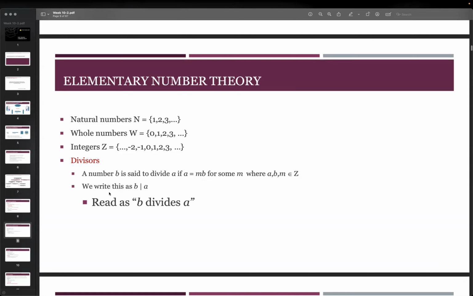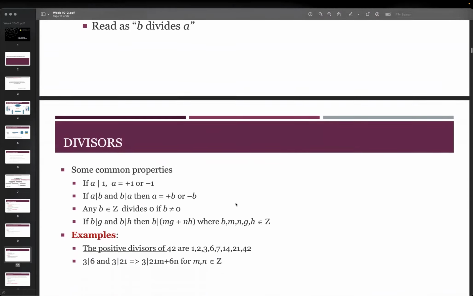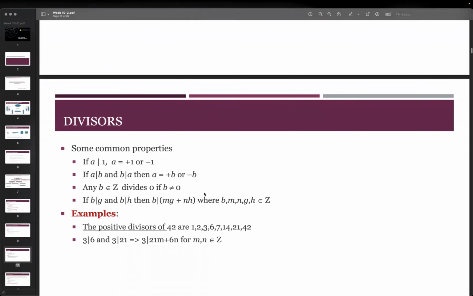We can write this as b stroke a, and say b divides a. But this part is more about math, so we go quickly over some definitions. When we learn cryptography, we have to work on something related to the math.